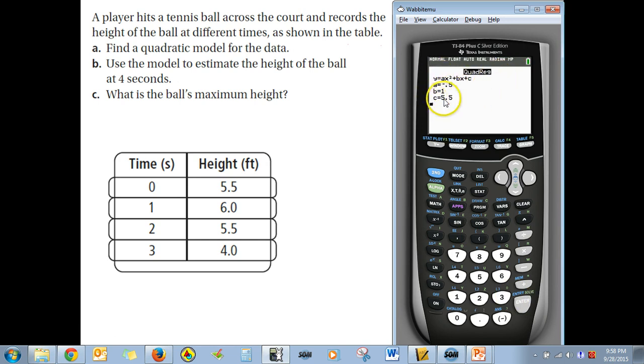So let's make a note: negative 0.5 for A, 1 for B, and 5.5 for C. And then just for funsies, let's go look at it, just chilling right there in Y1, already there for us. Thank you, Mr. Calculator. Now let's go look at the graph. It shows our plotted points, and then it's going to graph the parabola that goes the best through them. And it just happens to be right on through them.